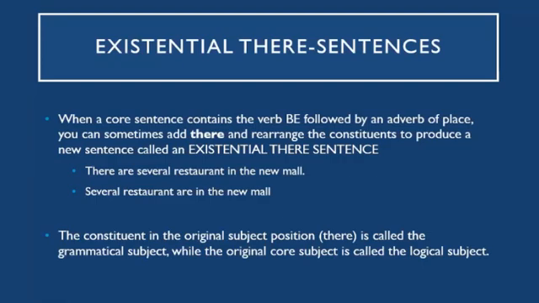Now the other one, existential there sentences. You guys remember what we talked about, the grammatical subject and the logical subject, right? Well, again, in there sentences, we find two subjects: the grammatical subject and the logical subject. In a sentence like, there are several restaurants in the new mall, which one is the subject?